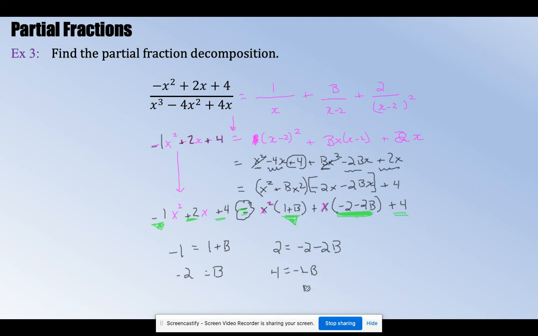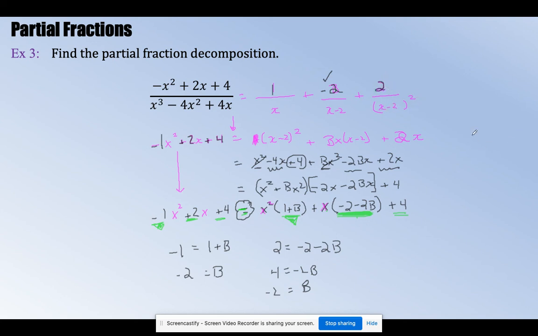B is going to be the same thing, or else you won't have equality. Check. So my partial fraction decomposition is 1 over x plus -2, and yes, you could write that as -2 over x minus 2, and a +2 over x minus 2 quantity squared.